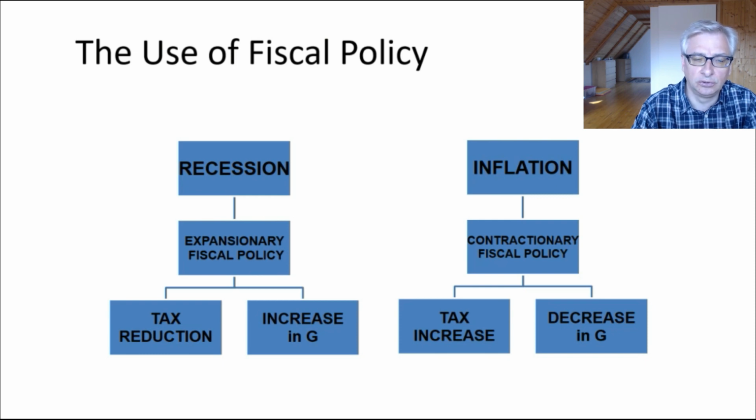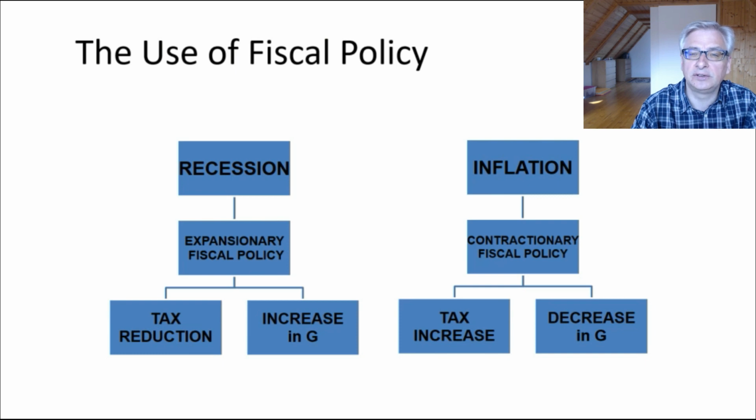And those tools may actually result in tax reduction, smaller amount of money collected from businesses and individuals, or it could be aimed at increasing government spendings, government expenditures on goods and services.